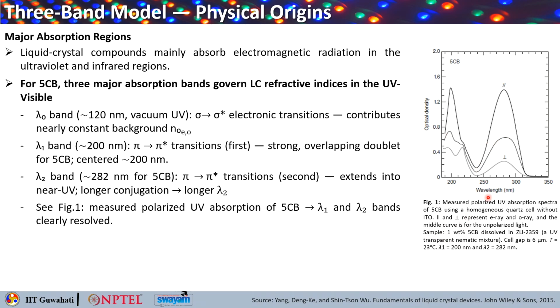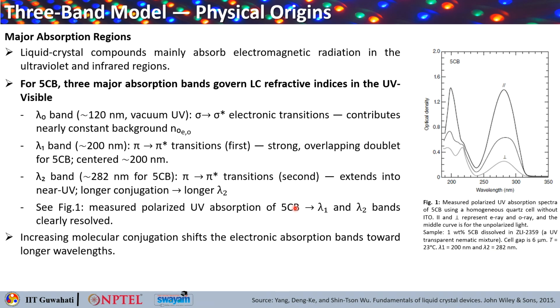The sample is basically 1% weight of this 5CB dissolved in a UV transparent nematic mixture, Zetellite 2359, and the cell gap is maintained at 6 micron. Temperature is set to 23 degrees centigrade, and that is where lambda 1 is measured to be 200 nanometer and lambda 2 is 282 nanometer.